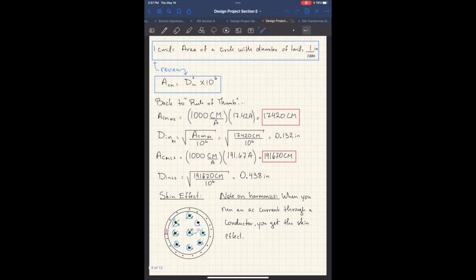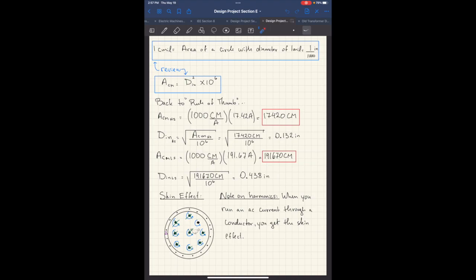So from the rule of thumb, we found the size of conductor that we would need, and we looked at the skin effect to figure out what size of strand we would need. Now we have to look at the AWG table, which I've given you, and locate which would be the best.